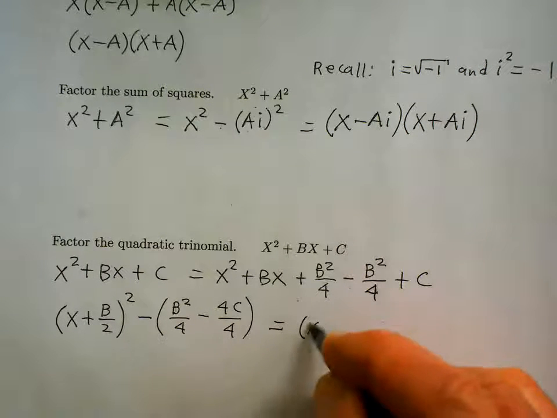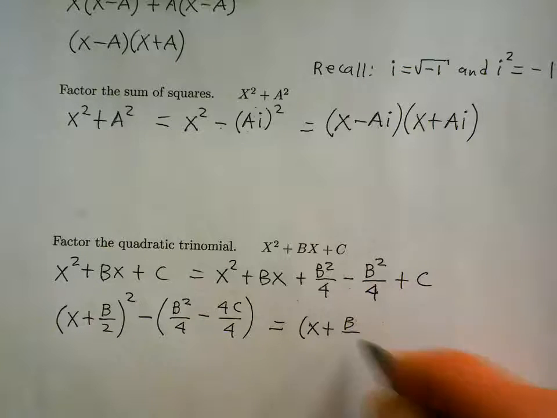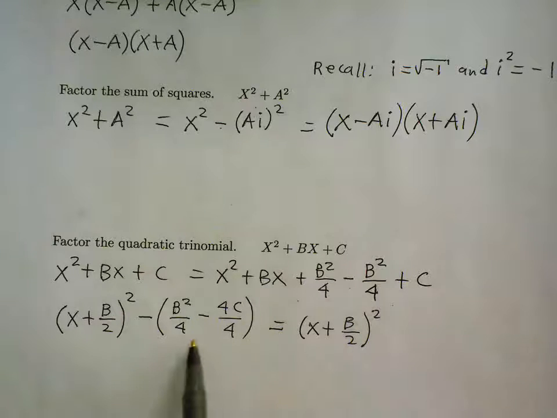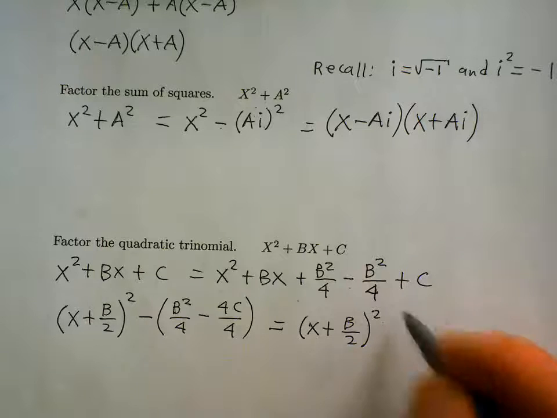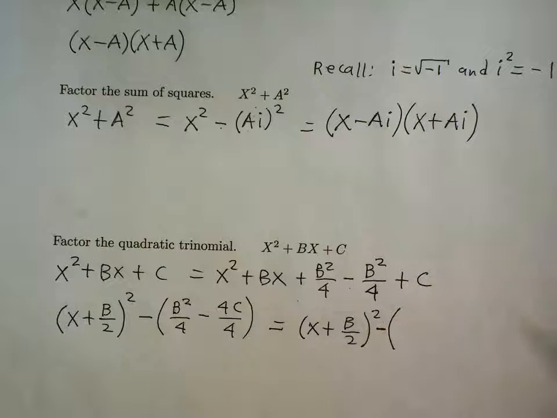Okay, then in the next step, we write (x + b/2)². And then we're going to write this quantity, I need the minus sign, minus.